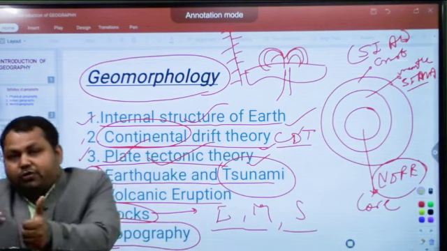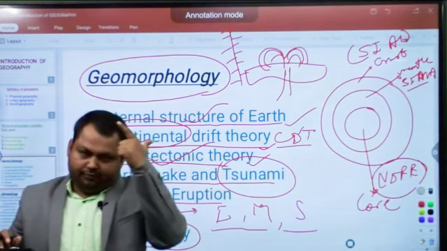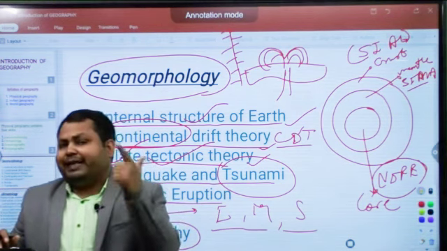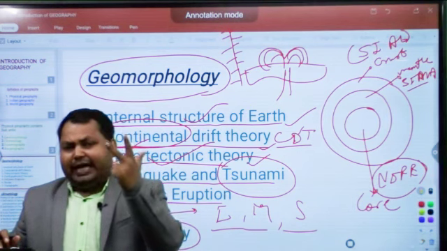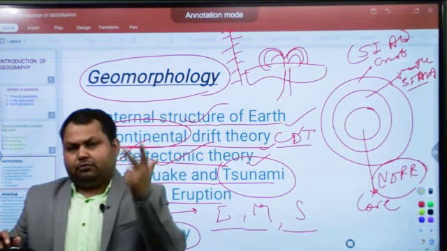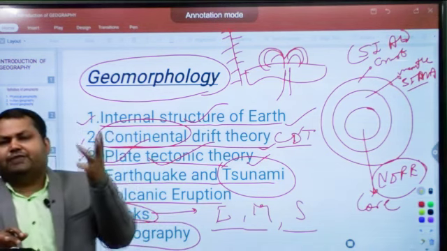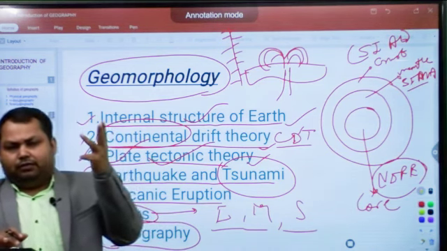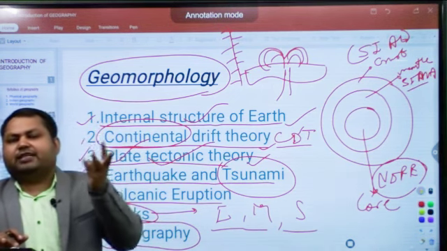One is river topography. Second, karst topography, K-A-R-S-T. Third, arid topography. Fourth, coastal topography, and fifth, glacier topography.